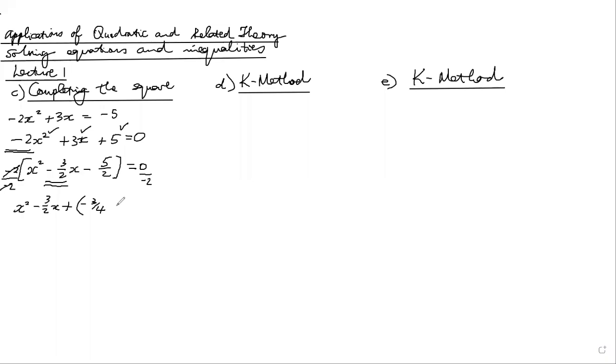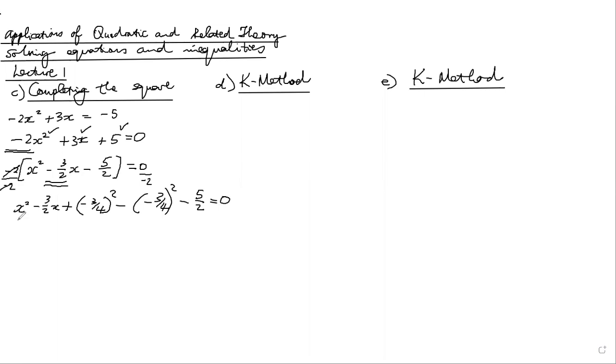And we'll subtract that on the left as well. So we added and subtracted the same quantity. Don't forget the negative 5 over 2. And that's equal to 0 indeed. The right-hand side is 0.